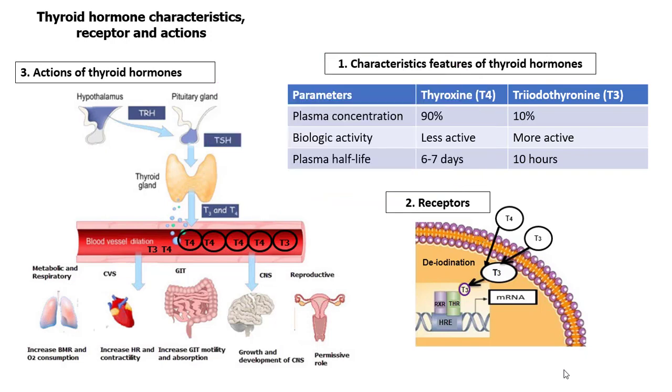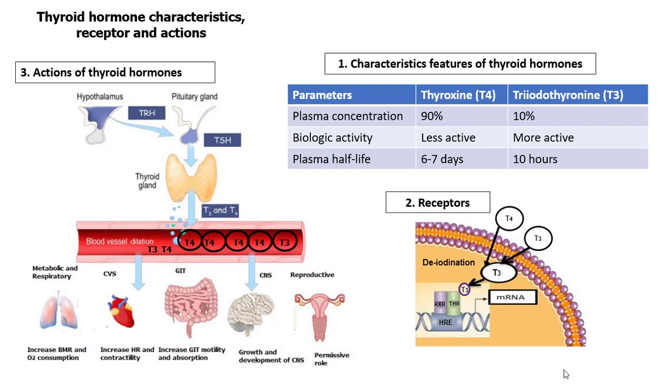The remaining 0.1% is in unbound form or free form, which is the biologically active form. This is the form whereby thyroid hormone diffuses into the tissue, and it is the one that signals to the pituitary and the hypothalamus to release or inhibit thyroid hormone secretion.